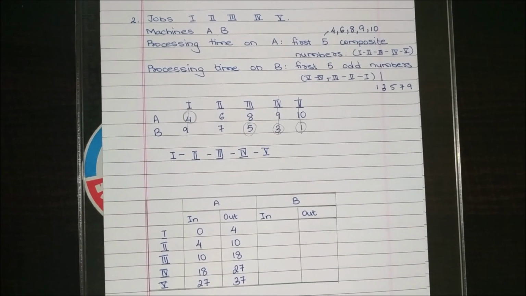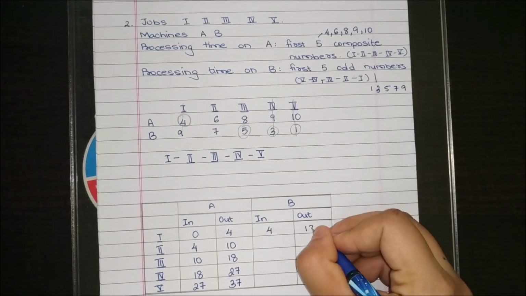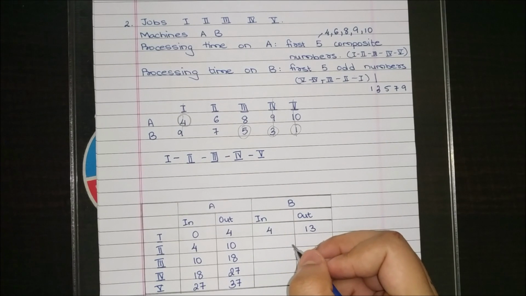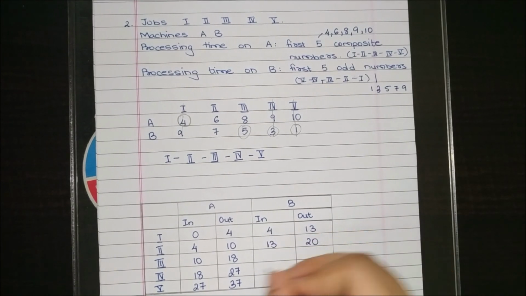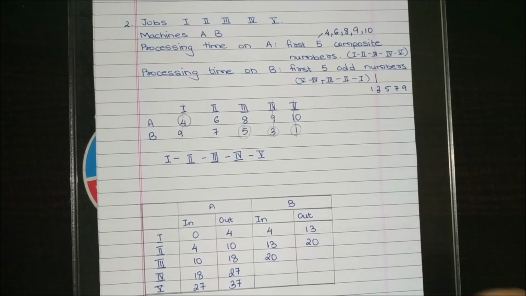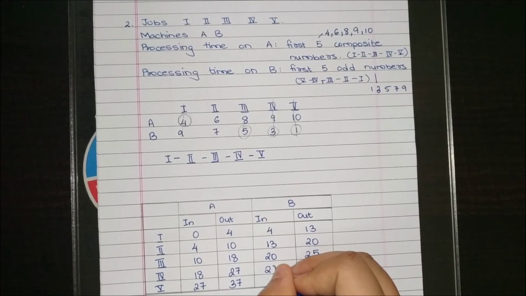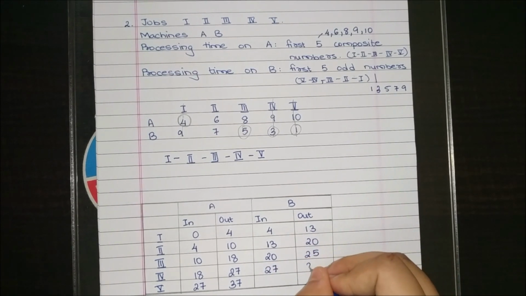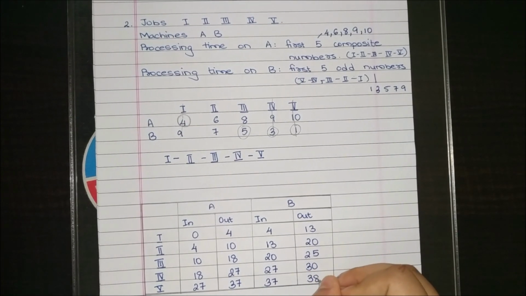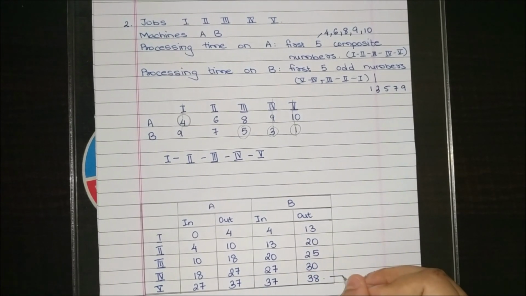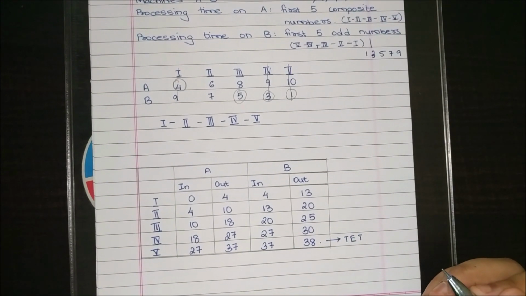Okay, now let's start with machine B. So 4 will be 13, with 9. Then we have 13 we will choose, plus 7 is 20. Out of 18 and 20 I choose 20. Next, third is 5, which is 25. This will be 27. Plus 3 is 30. In 30 and 37 I choose 37, and this is 38. So the total elapsed time is 38, right? What is idle time?